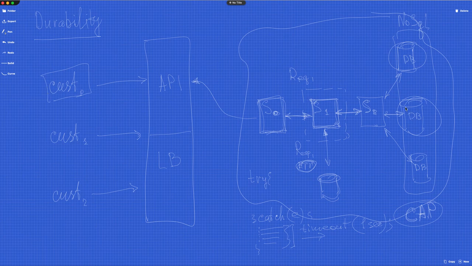In this case, when the data is propagated to the other nodes of the NoSQL database, even though you had an exception in service 1, eventually service 1 will wait for the proper data and return it back to service 0, and service 0 responds to the customer, and the customer doesn't even guess that something went wrong during this chain of requests. And that's what durability means.